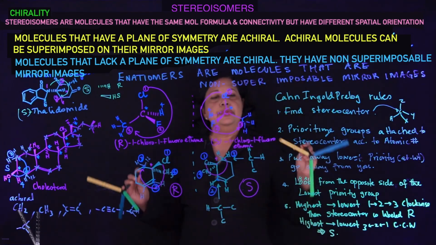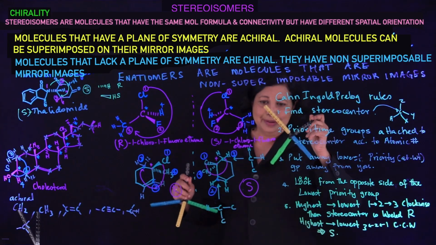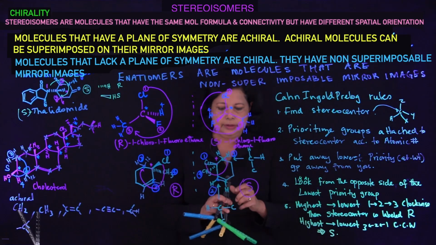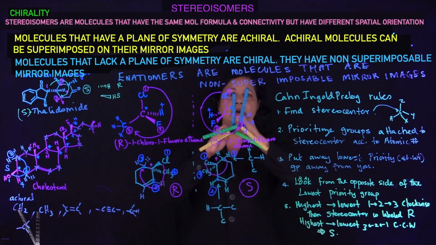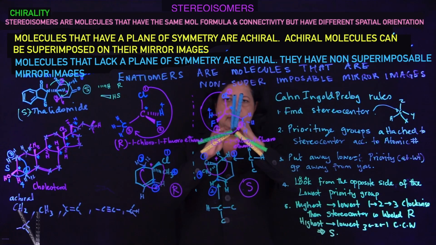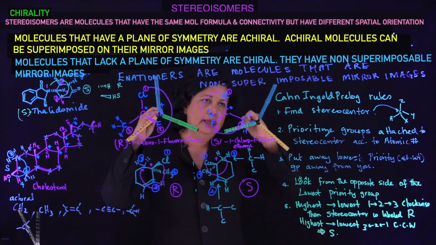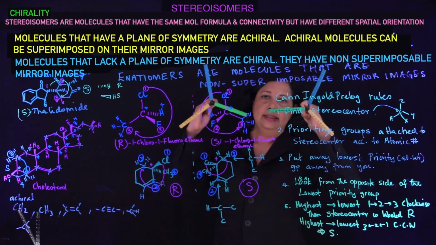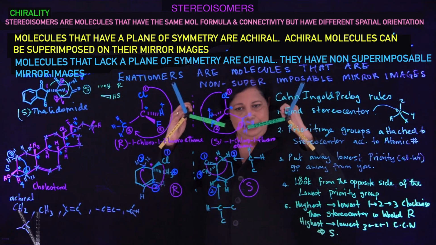So therefore, those molecules are called chiral molecules. And a chiral molecule can have a mirror image that is not superimposable. Let's say this is a molecule and this is the mirror image. This pair, these are called enantiomers.